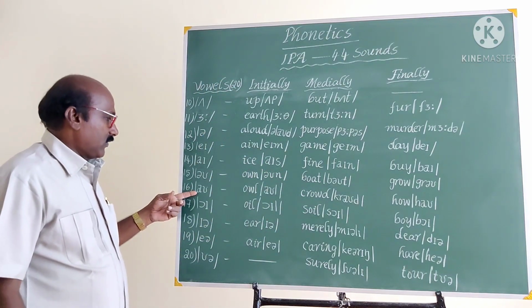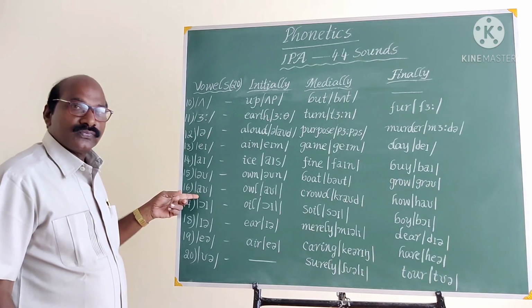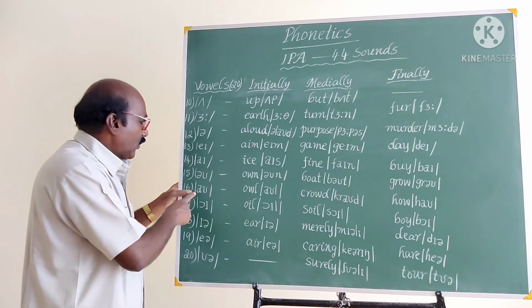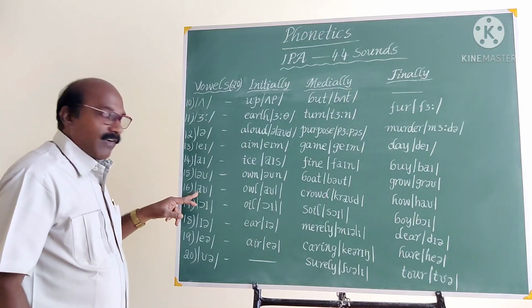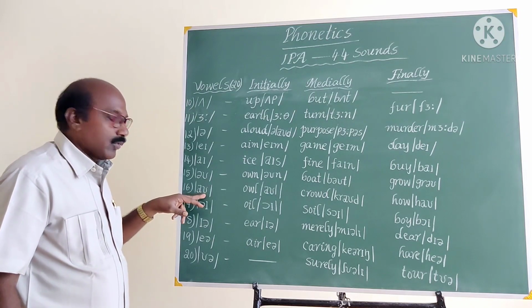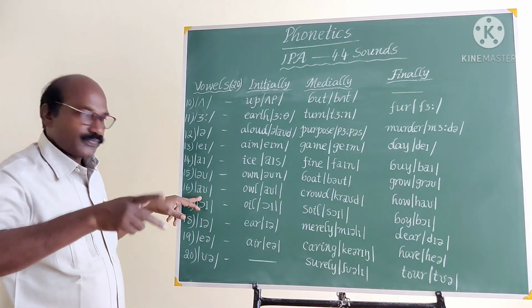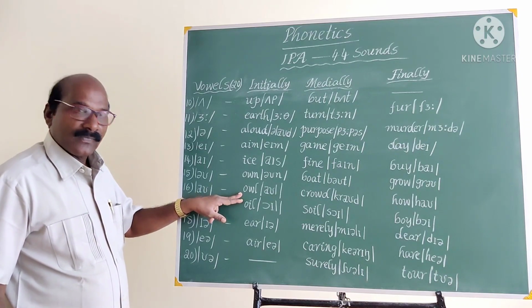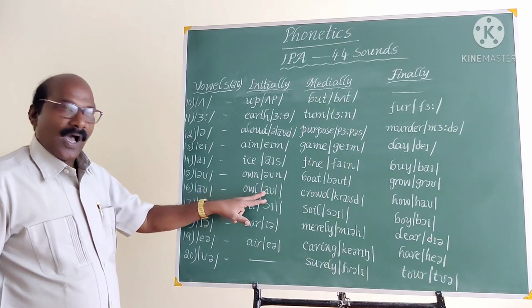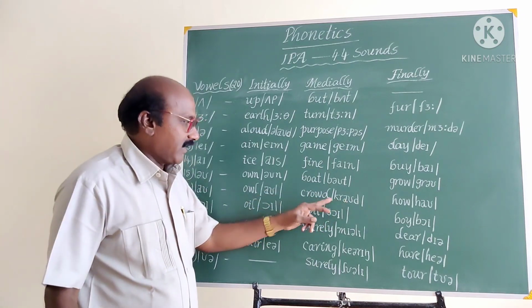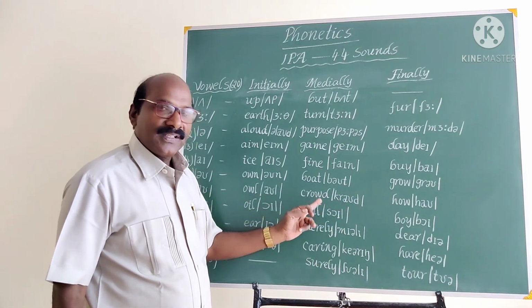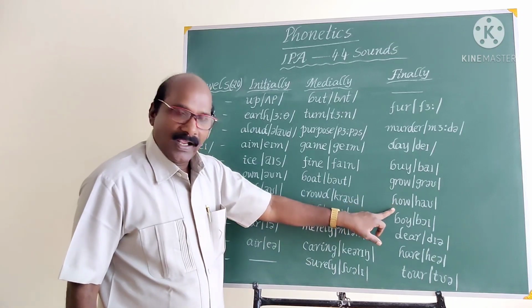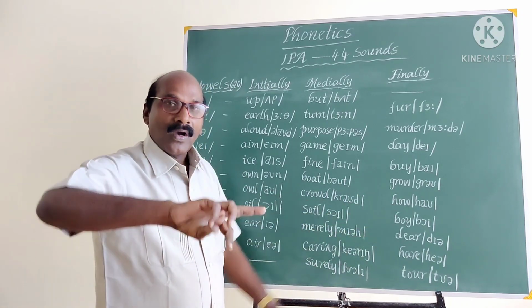And the next sound: this is ow. Here also we find the vowel glide from A to U. As in owl. Initially it occurs in owl, medially as in crowd, finally how.